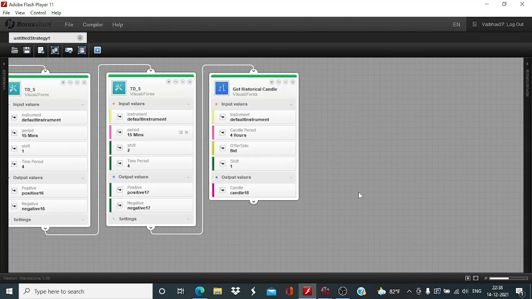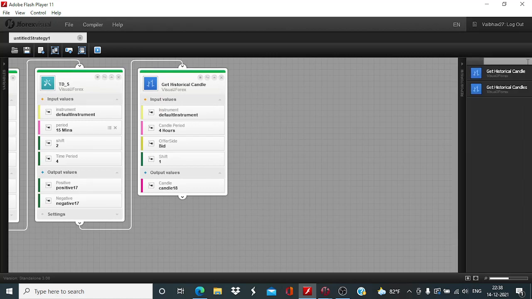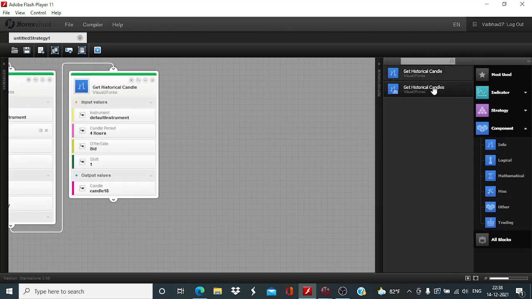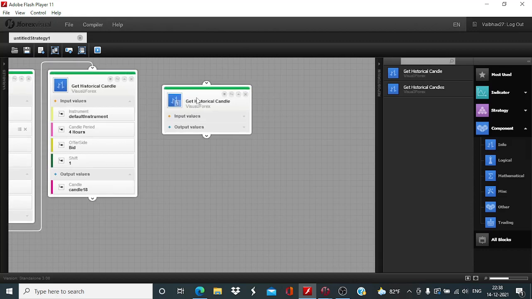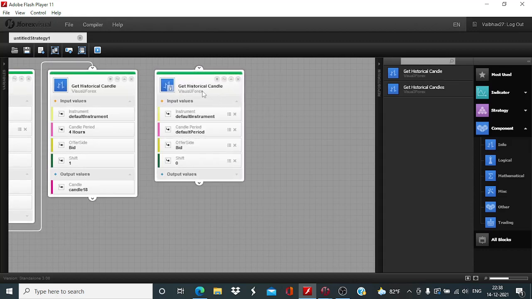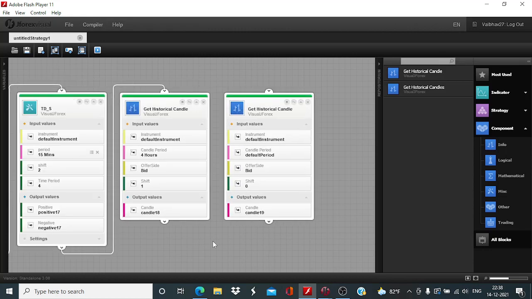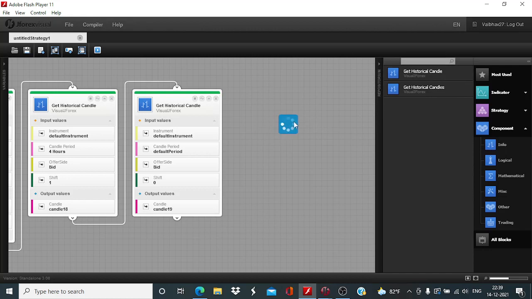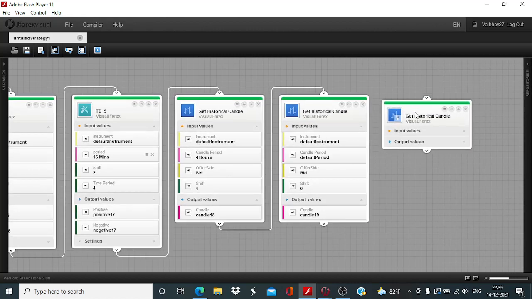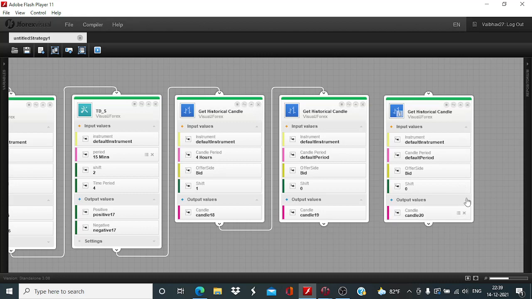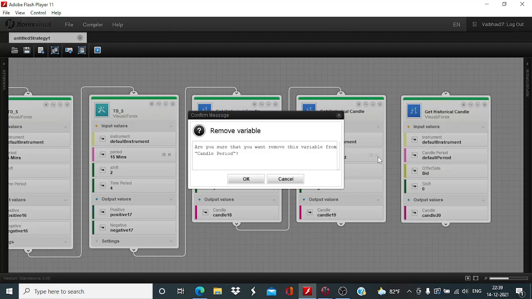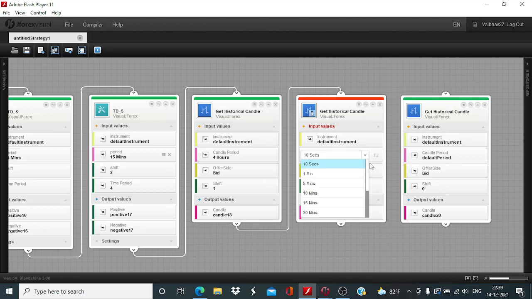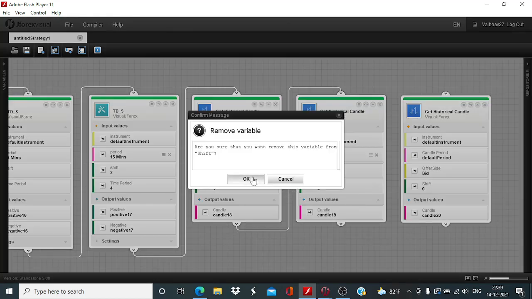All right. In addition to that, we will use 15-minute get historical candle as well, with the lookback period of 1.